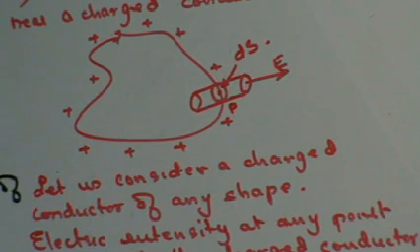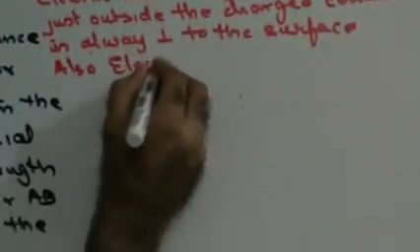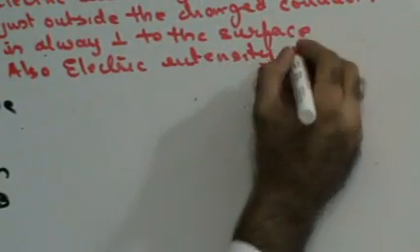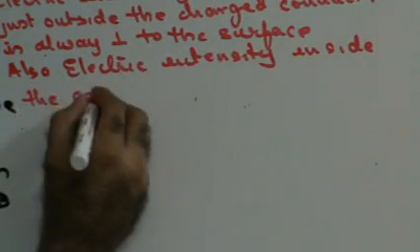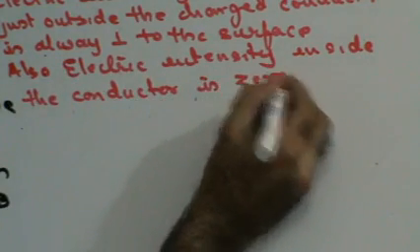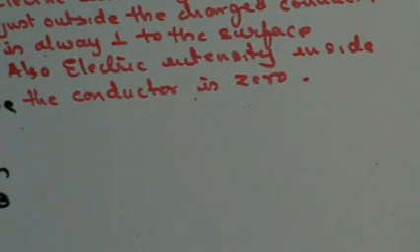So I will write this down also, that the electric intensity inside the conductor is zero, because a charge will always rest outside the conductor, right?